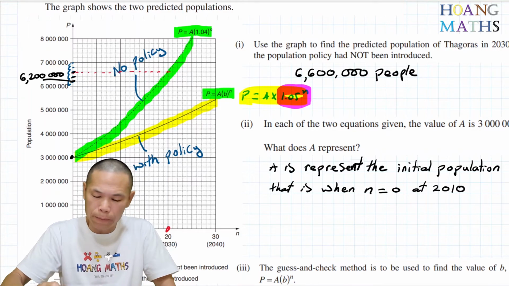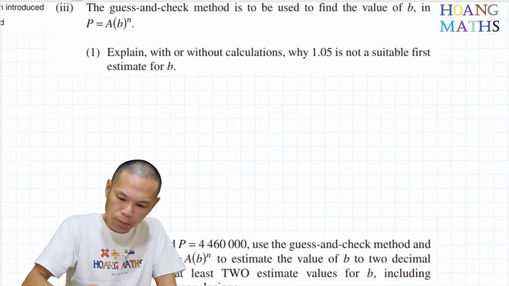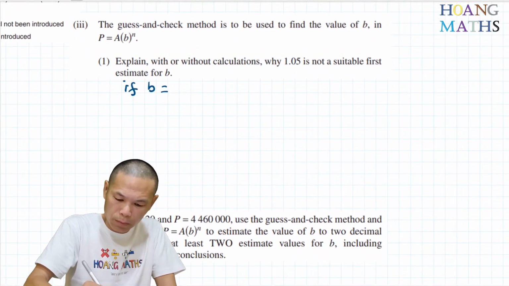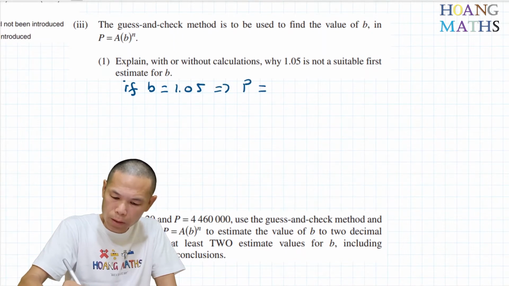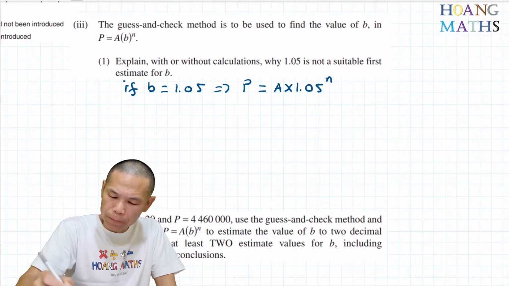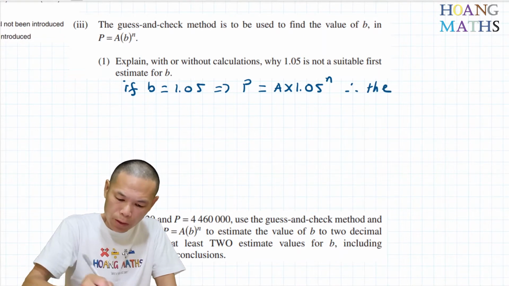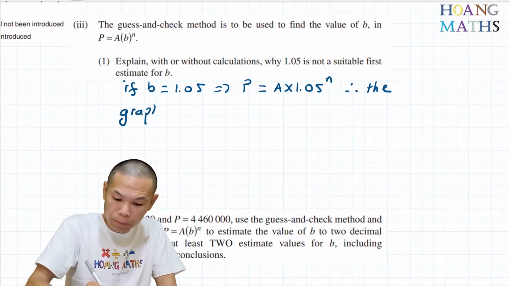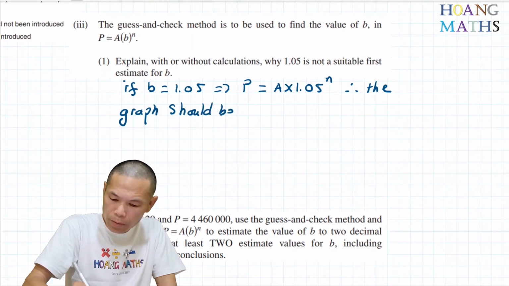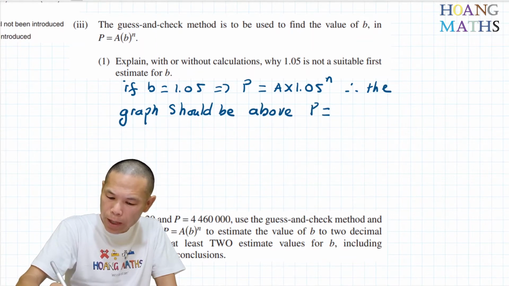So let me just write this down. So I times 1.05 to the power of n. So therefore, the graph should be above P is equal to I times 1.04 to the power of n.